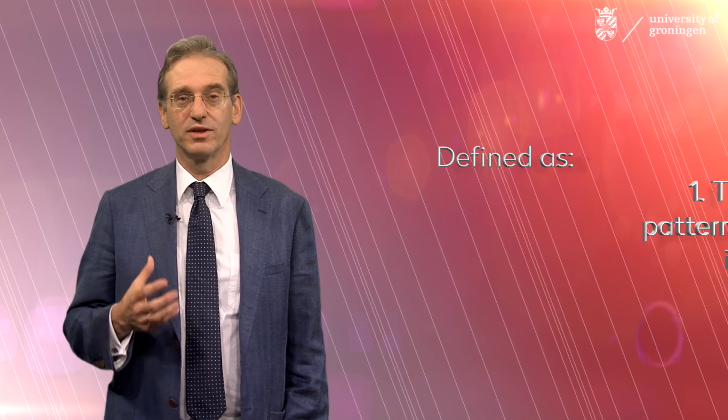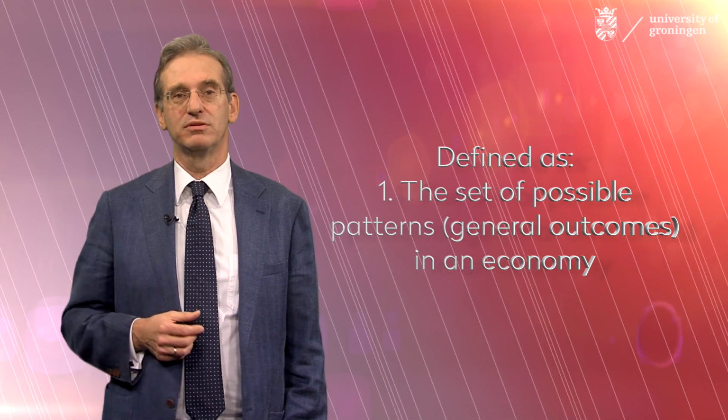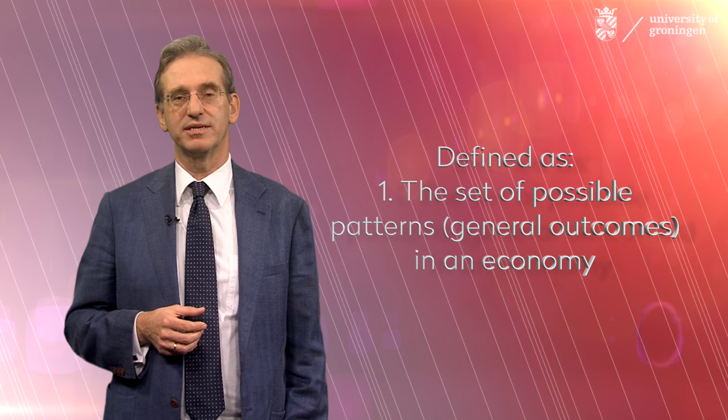So what's the alternative? The alternative is not to think in terms of equilibrium or disequilibrium, but to think in terms of order. What is order? How do we define the concept of order? Let me list what we mean by order. First of all, it is the set of possible patterns in an economy.